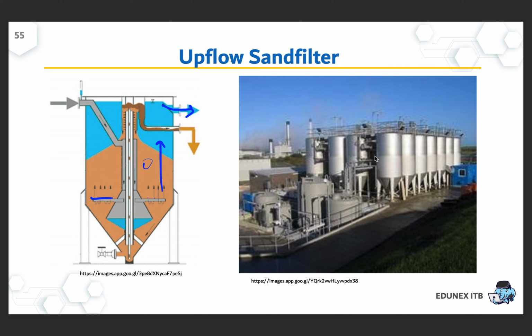This is the upflow sand filter. Usually we have a pile of sand here, and the water inlet is here. The water then goes up across all the sand, and then the filtered water outlet is here.